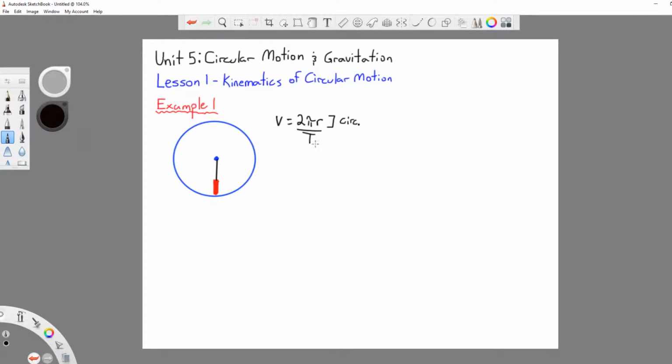T is the period. And so let's put period. What the period is, is the time for this. What is this? This is a vial, if we look at the question, in a centrifuge. T is the time that it takes to make one lap around the outside radius of this circle.